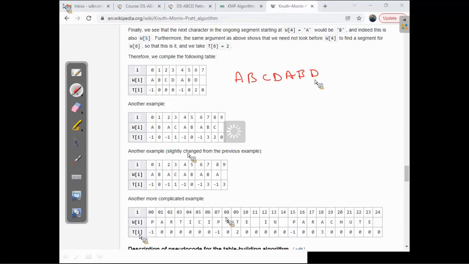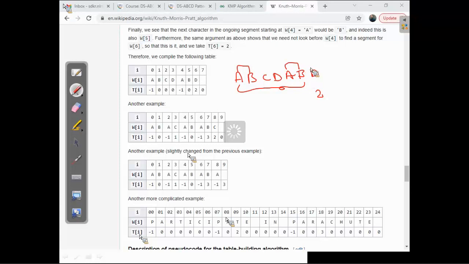The value we will store for D is, you have to look from D backwards. See if there is a suffix which is also a prefix of this string from D backwards. So this value will come as 2.